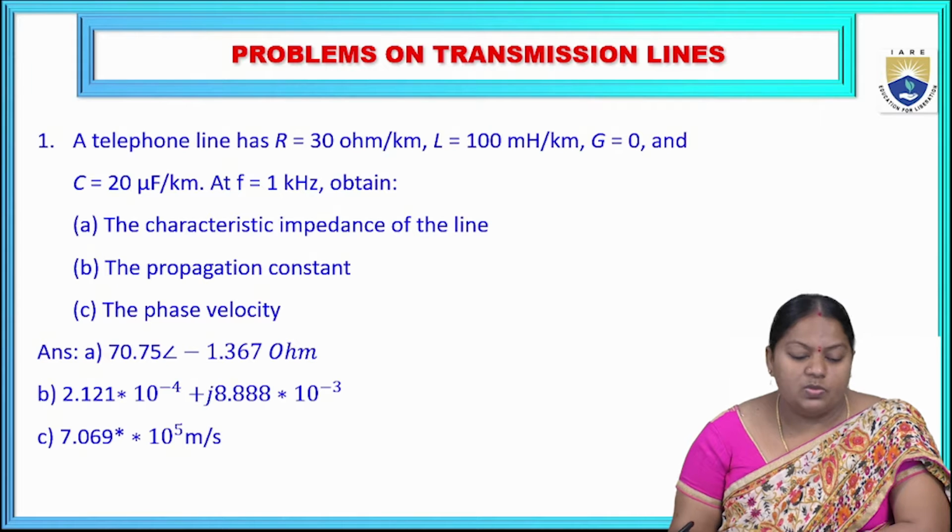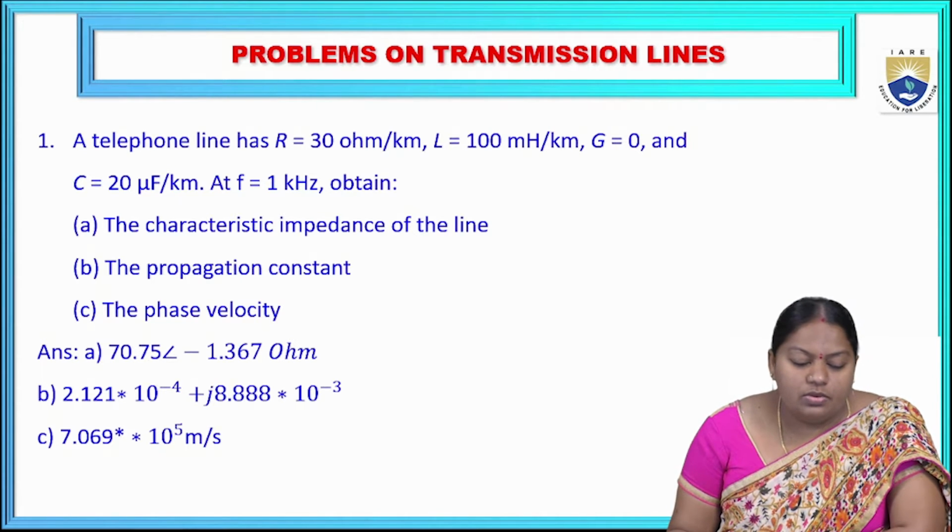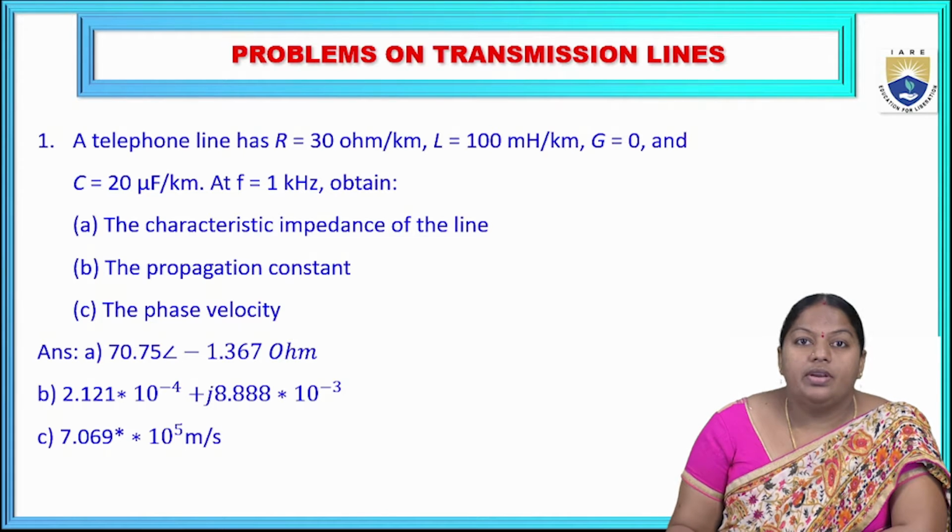So, the first problem is based upon a telephone line which has R equal to 30 ohm per kilometer, L equal to 100 millihenry per kilometer, G equal to 0, and C equal to 20 microfarad per kilometer.